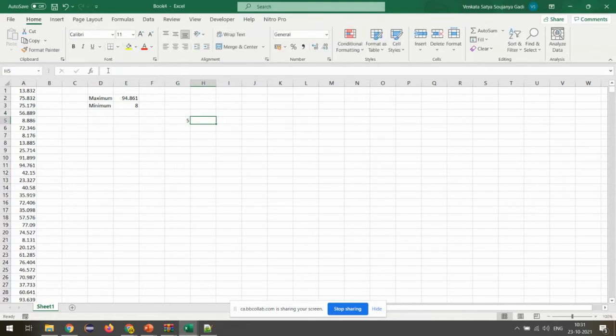So we do this because we know the class interval should be constant. A class interval, if you say 5, it should be 5 every time. So we say this one plus 5. This one is same as this.